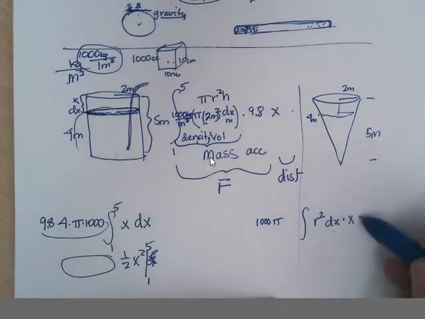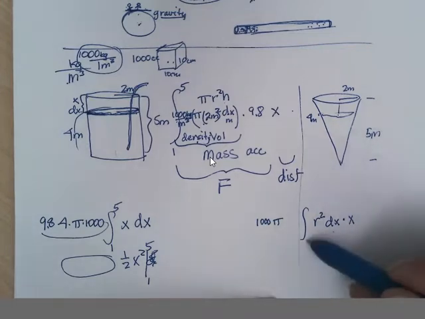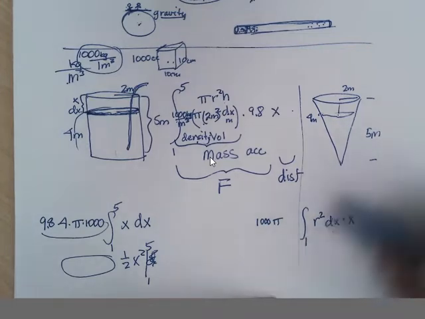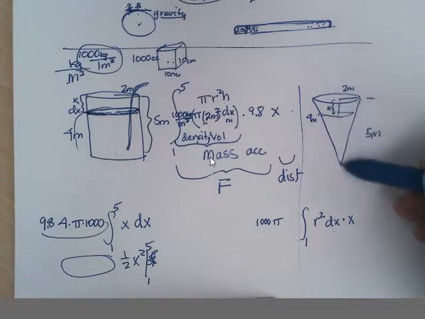I should put the dx at the end, but I'm just trying to keep them together. And evaluate it from 1, so we're starting off lifting at 1, that's what x would be, and x will grow till it's 5.